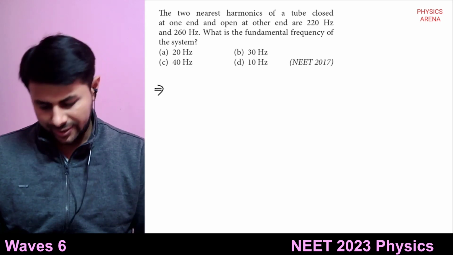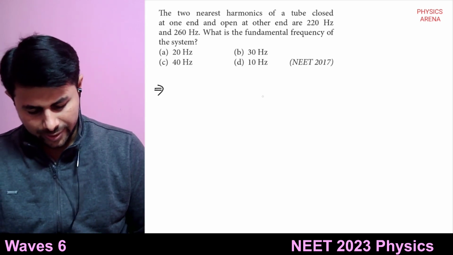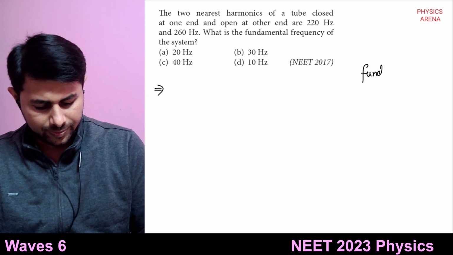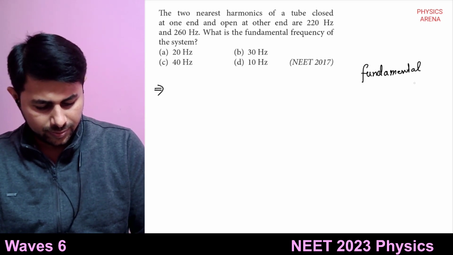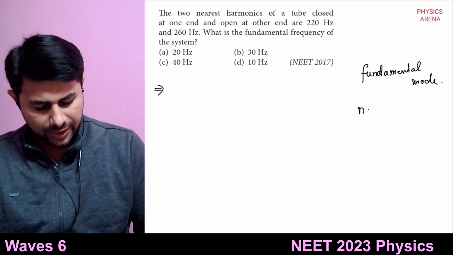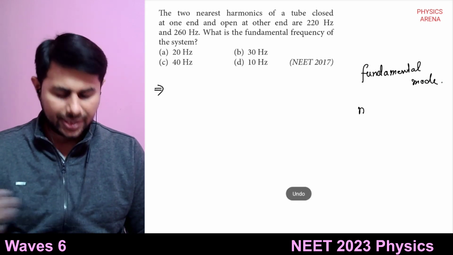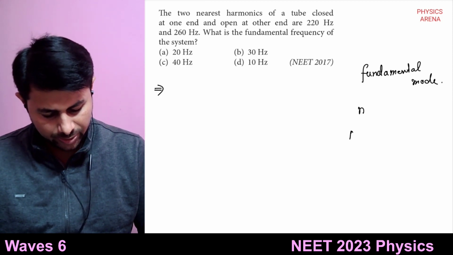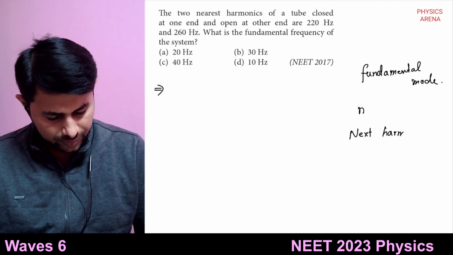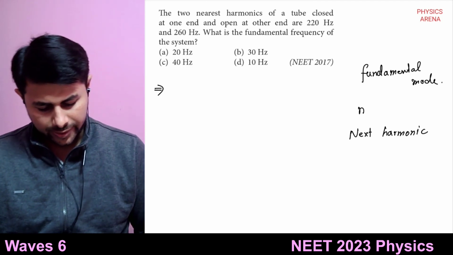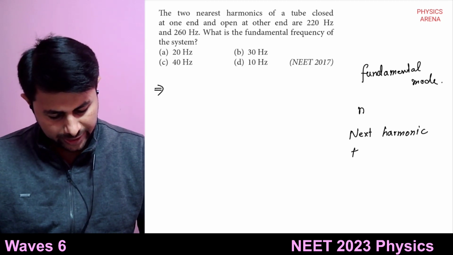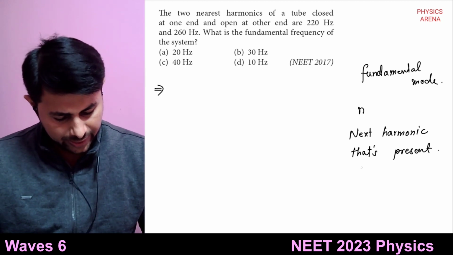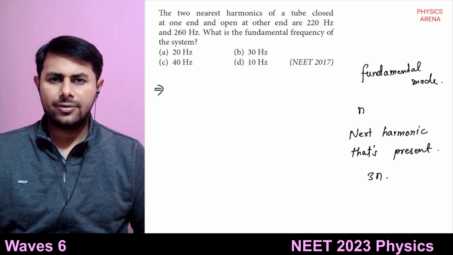If you take, for example, the first mode or fundamental mode, the frequency is n, and the next harmonic that is present in the system has frequency 3 times n.